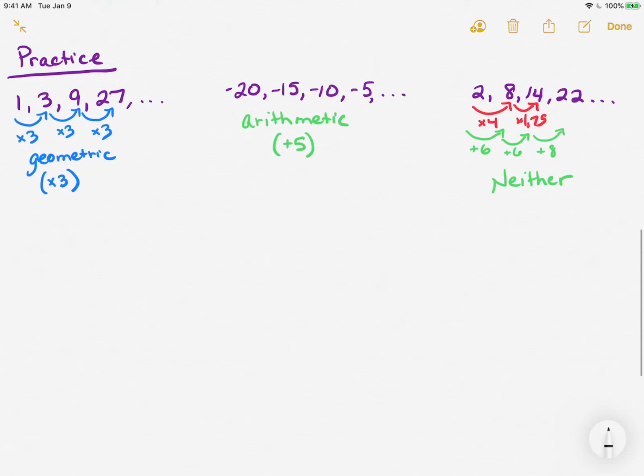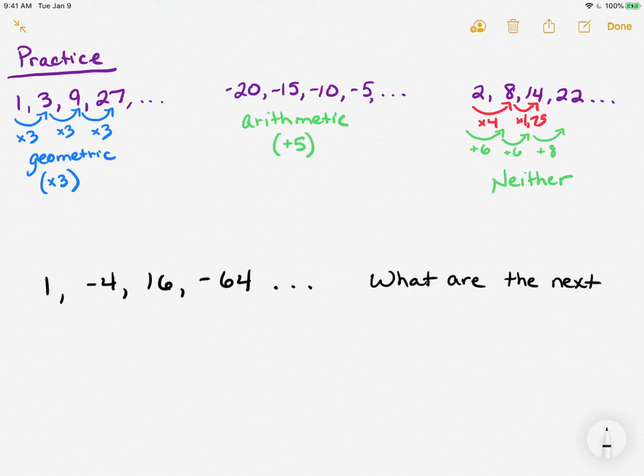For example, my question is, what are the next three terms?